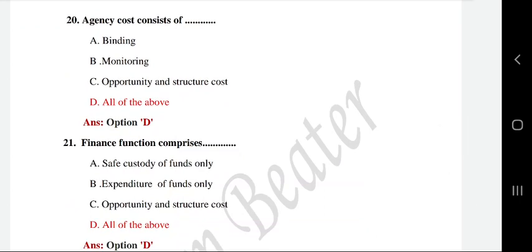Question number 20, agency cost consists of. Option D is the answer, that means it includes binding, monitoring, opportunity and structure cost. All three factors are included in agency cost.